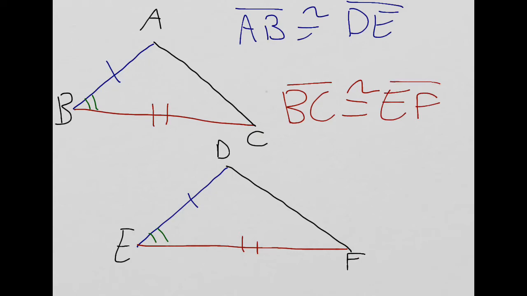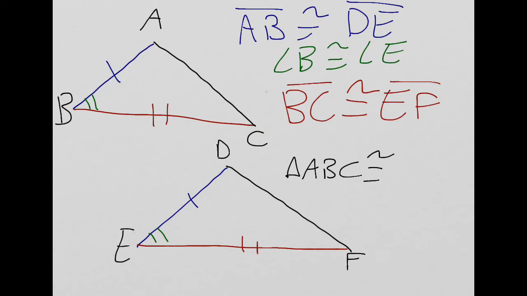And then we take a look here, angle B, angle E, these are both included angles, included between the sides that we're talking about. So angle B is congruent to angle E because of the markings. So then I can say that triangle ABC is congruent to triangle DEF. And notice again I kept the same order with my letters. I went A, B, C, and D, E, F.